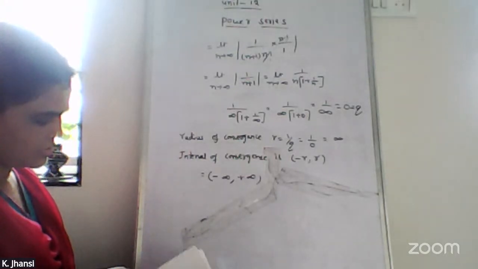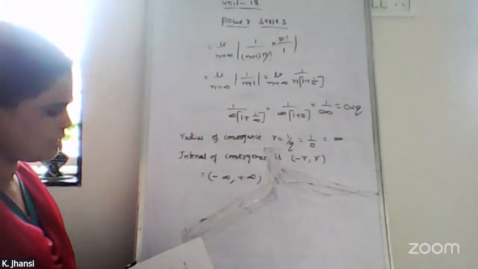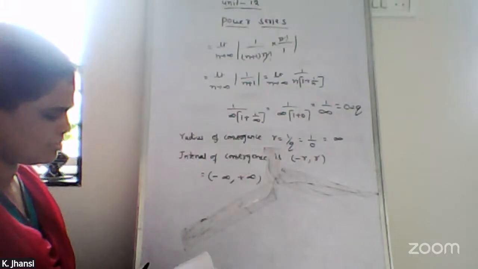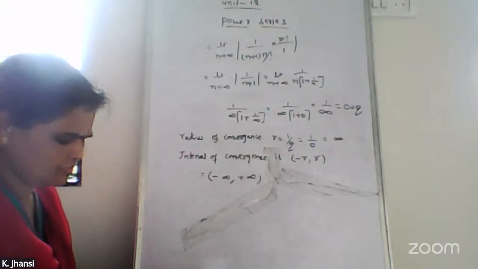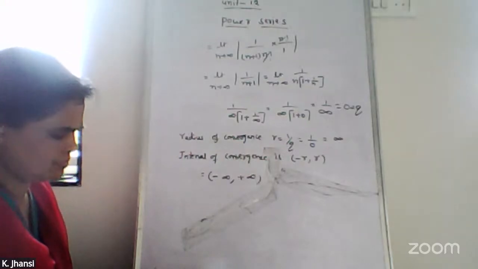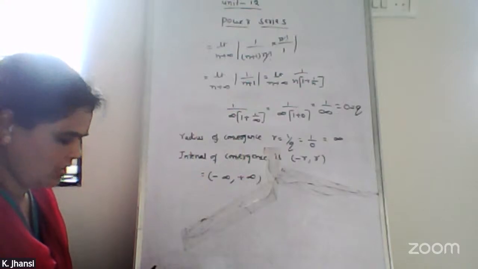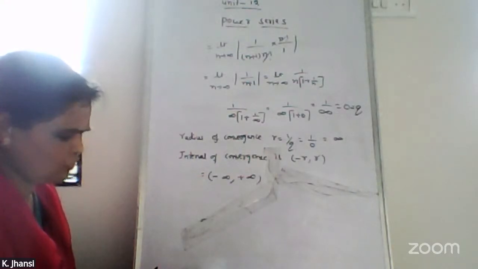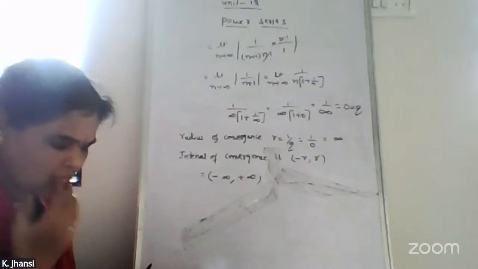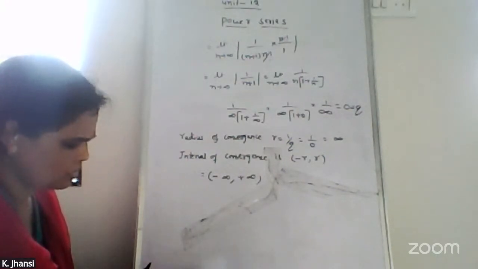So you can solve some example problems here. X to the power of n by n factorial. Okay, 12.3.5 page number. It is in page number 144.